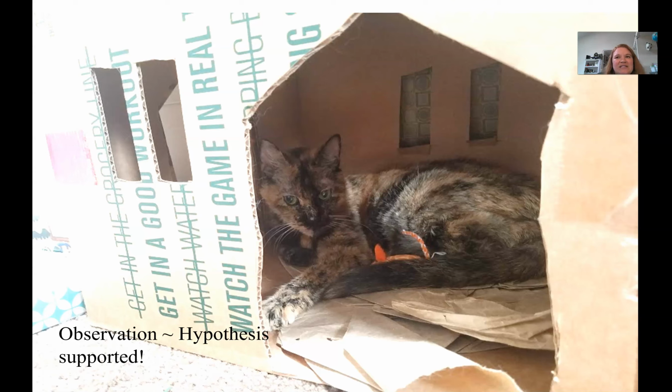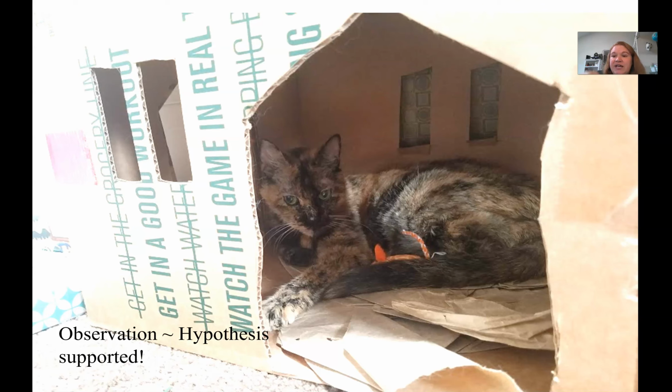We use the scientific method all the time without really realizing it. I didn't go into my cardboard castle quarantine activity thinking about the scientific method, but I was using that process. We know that as we're doing things, we look for what's happening.